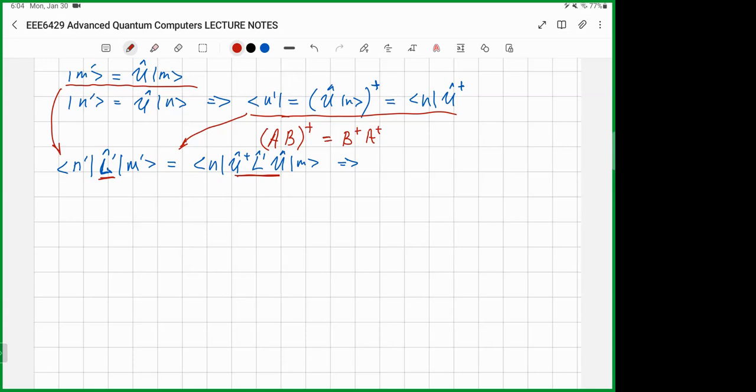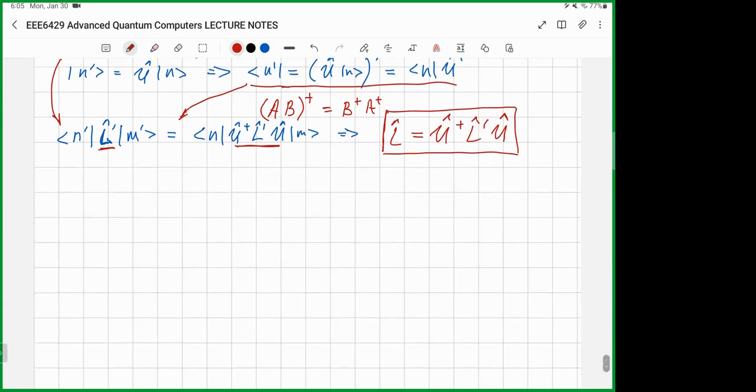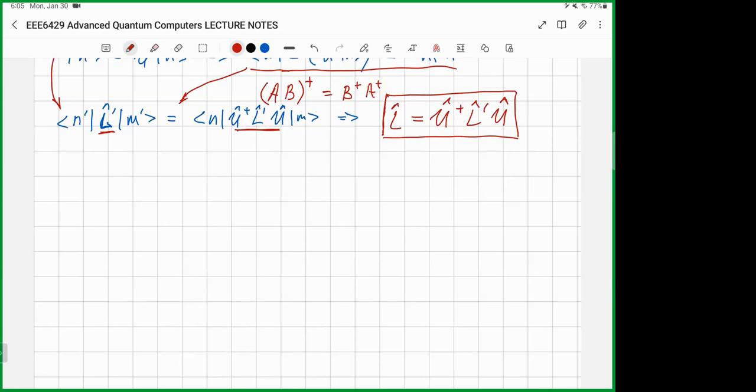So my operator in the old basis is equal to my unitary operator U dagger, then L in the new basis, and the unitary operator U. And of course, since this operation of changing the basis can be done from one basis to another or back, I can simply write the same expression for the opposite transformation.